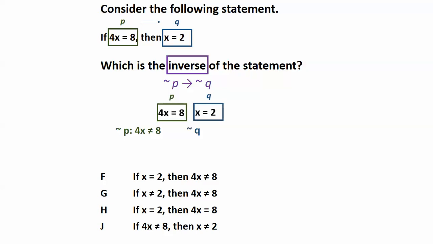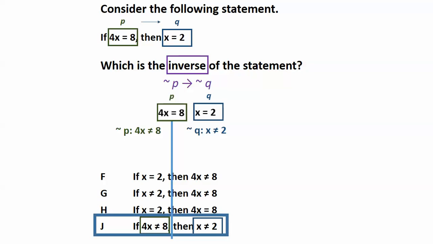X equals 2 becomes x does not equal 2. So in our if statements, we'll look for our not P, and in our then statements, we'll look for our not Q. So not P, 4x cannot equal 8, is right here. And our not Q, x cannot equal 2, lines up perfectly. Therefore, my answer is J.